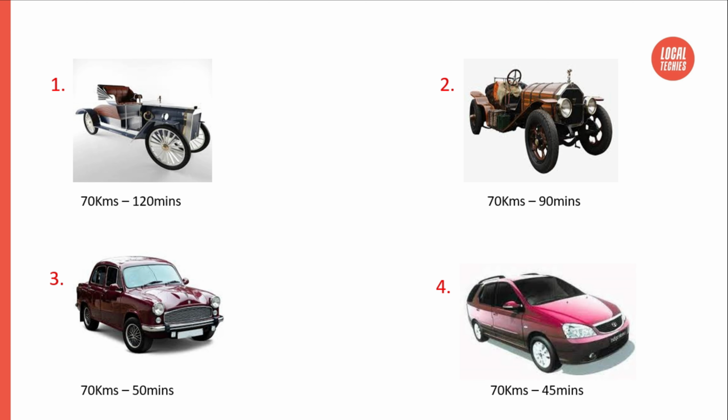Here, all our 4 models are able to take passengers from point A to point B. The intended functionality of my car is successfully met, which means my functional requirement is working properly.